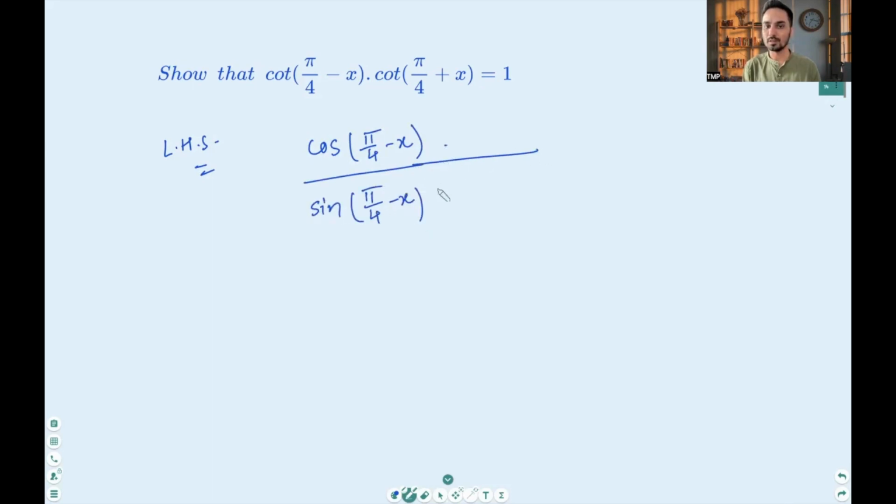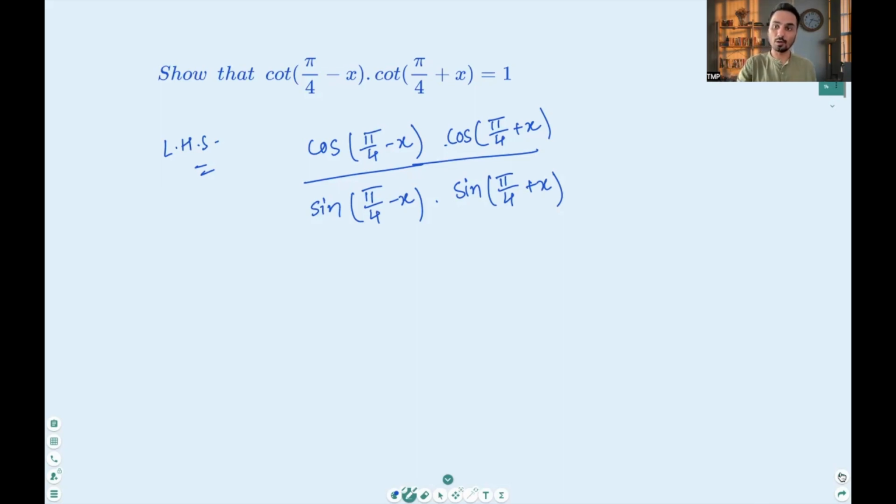And similarly, cot(pi over 4 plus x) is cos(pi over 4 plus x) divided by sine(pi over 4 plus x). Now here, the numerator is in the form of cos(a plus b) times cos(a minus b), and the denominator is in the form of sine(a plus b) times sine(a minus b).